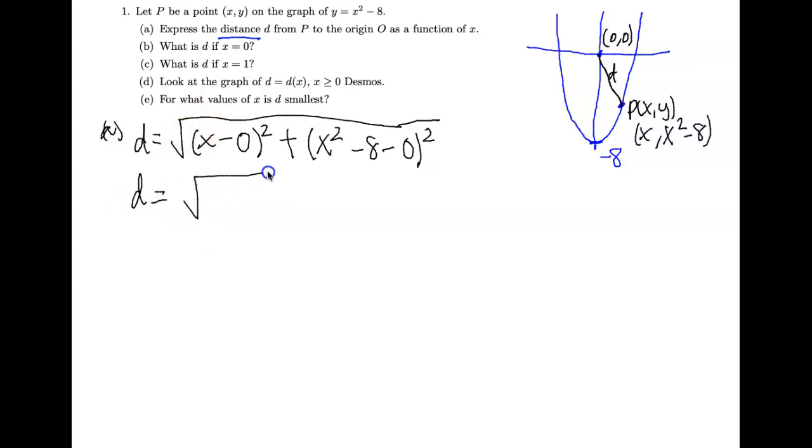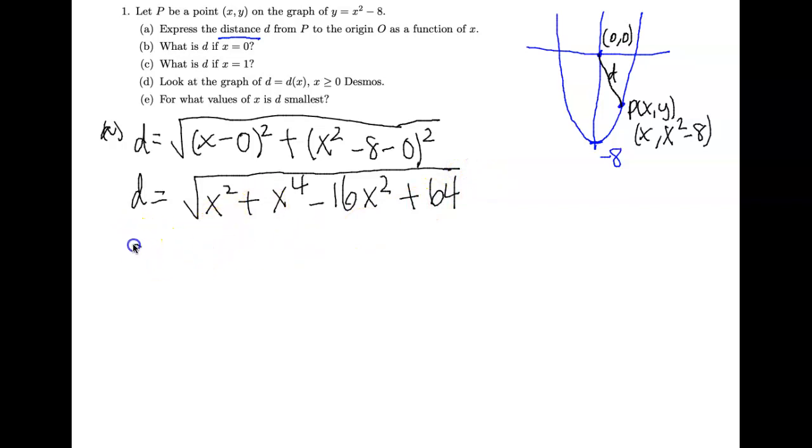We'll have x squared, the 0 is gone, and we'll multiply this out, so I'll have x to the 4th minus 16x squared plus 64.